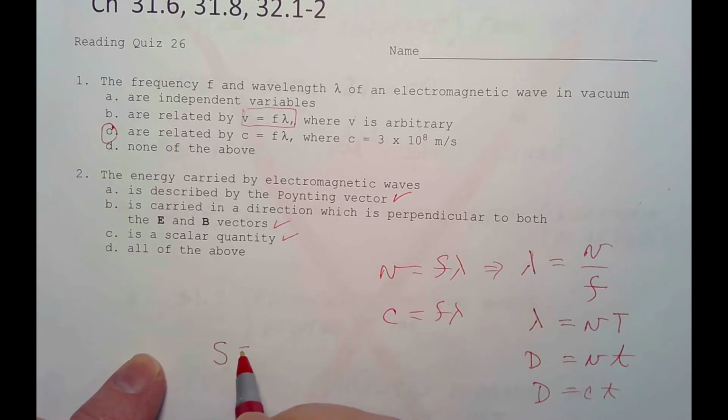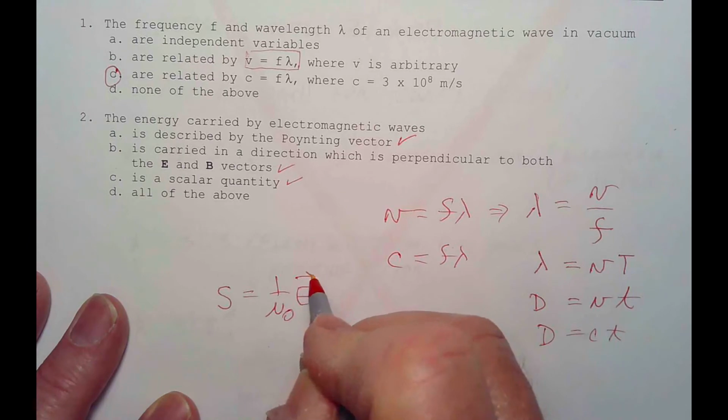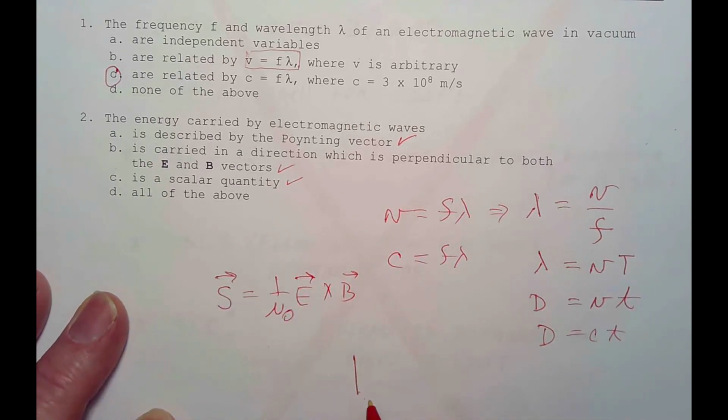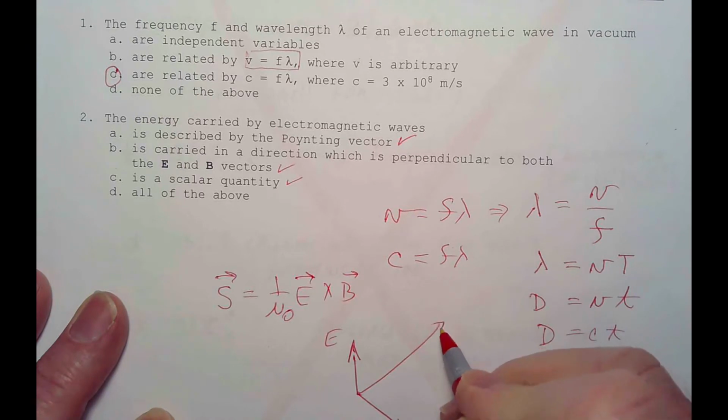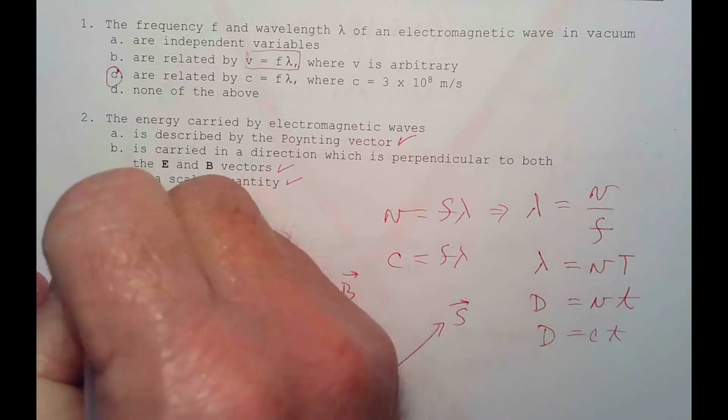So S is 1 over mu naught E cross B. This is a vector that points perpendicular to both E and B. If E is here and B is here, the Poynting vector goes that way. E is perpendicular to B, it's perpendicular to S, and B is also perpendicular to S. So these are a mutually orthogonal triad of vectors. Okay, so all of that is true.